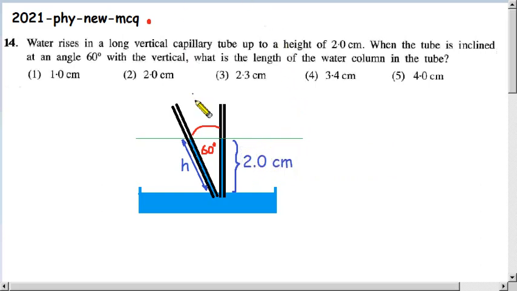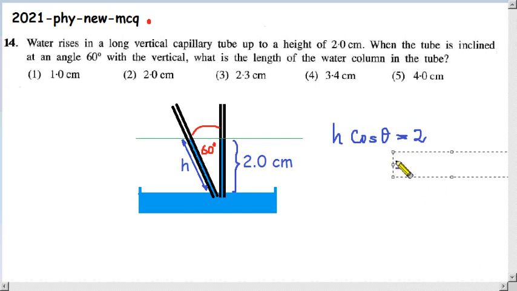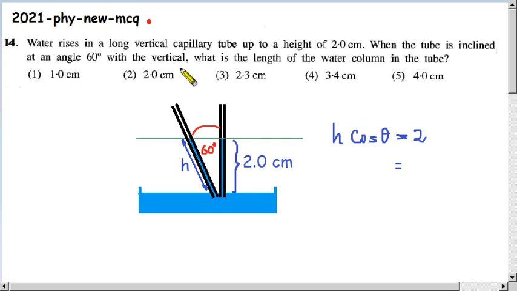Now very easy. You have to just take the component of this h. h cos theta must equal 2 centimeter. That is the equation.